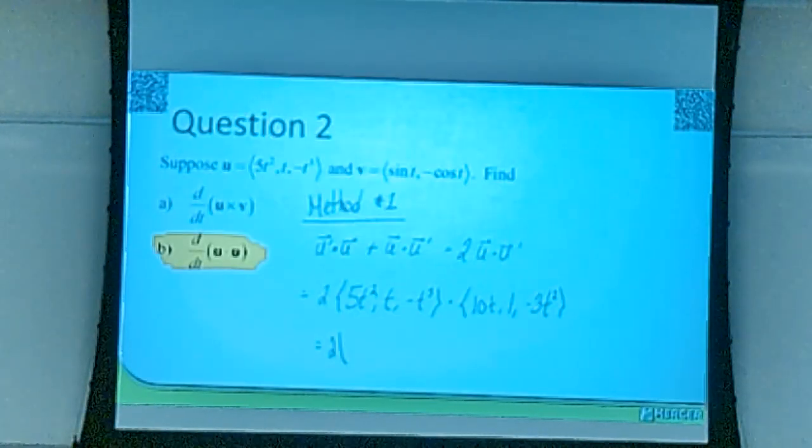With the two. No, ignore the two. Just the dot product of the two vectors. Oh, it's 50t u. Keep going. t, and then what about T? t times t, right? What are you doing with the T? You're adding. Yeah, so you have to add the T. Oh, sorry.